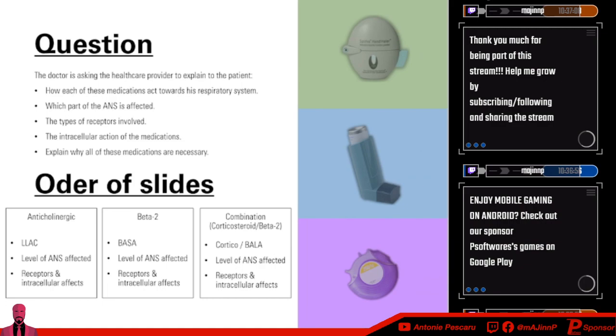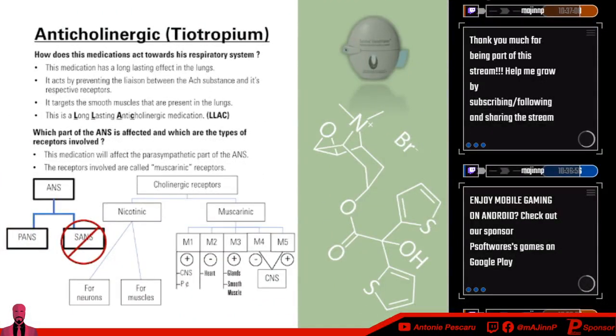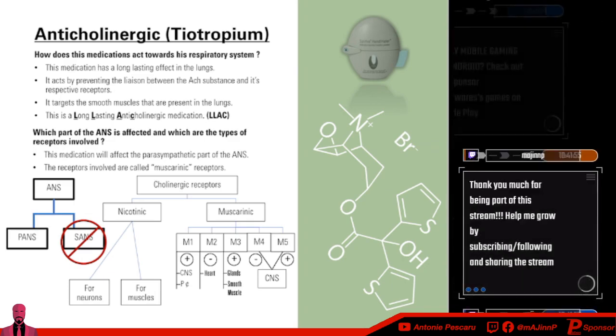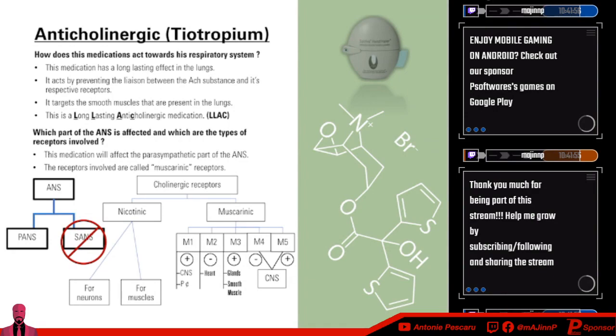So, without further ado, let us begin with our anticholinergic, which is our tiotropium, sold under the brand name Spiriva, however you want to pronounce it, it does not matter. So, first, how does this medication act on the respiratory system? Well, we know that this medication has a long-lasting effect in the lungs.